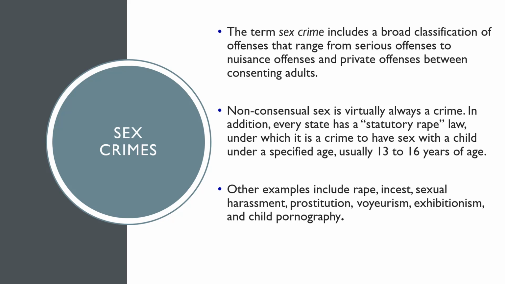Now, at a certain point, we have to say, all right, you're old enough now to consent to sex. And sometimes that consent can be at a very young age. And you'll notice it says, under which it's a crime to have sex with a child under a specified age, usually 13 to 16. And you're probably saying, well, how could you possibly have sex with a 14-year-old?